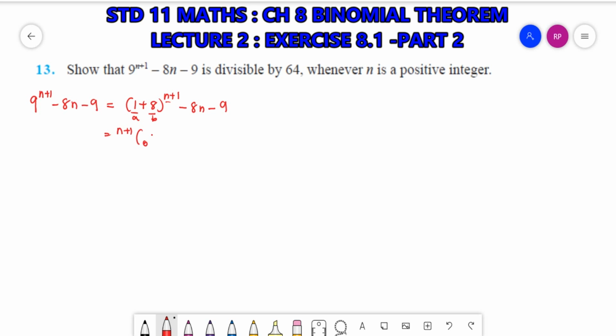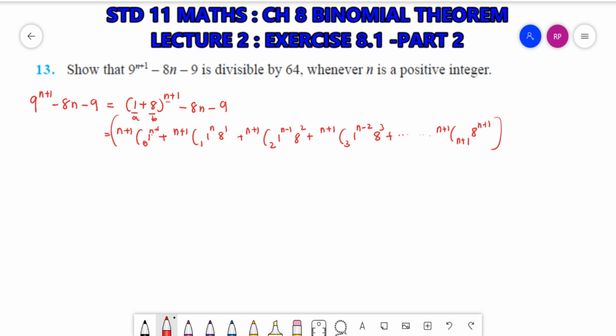Whatever the power, it will always be 1, so no need to write it down. Then 8^0 plus (n+1)C1 1^n 8^1, plus (n+1)C2 1^(n−1) 8^2, plus (n+1)C3 1^(n−2) 8^3, and so on, up to (n+1)C(n+1) 1^0, so 1, and 8^(n+1).